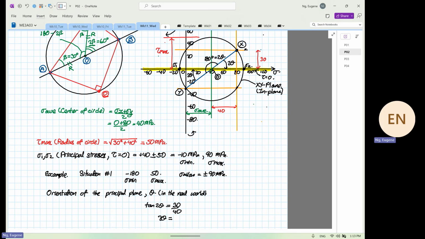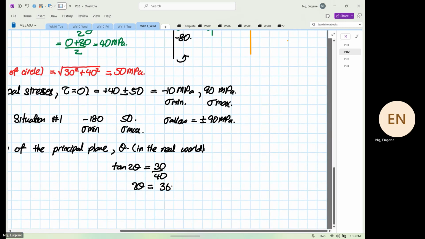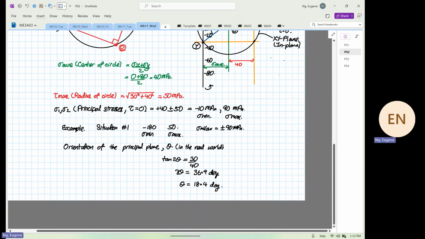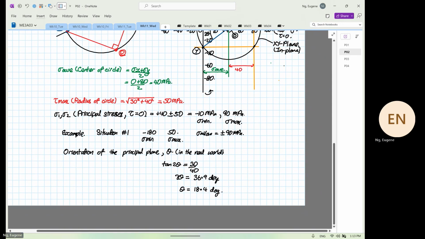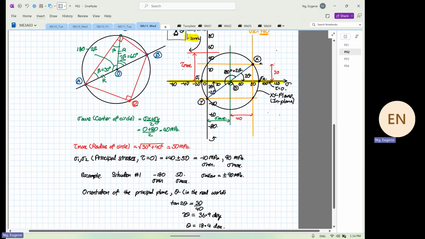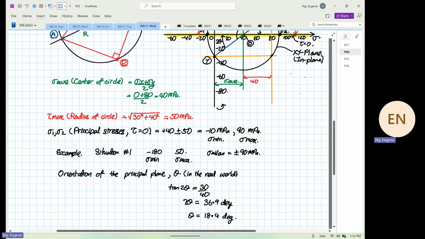Make sure your calculator is in degree mode. 2 theta is 36.9 degrees, and theta is equal to 18.4 degrees. Okay. So that is your angle on the element. Yes.